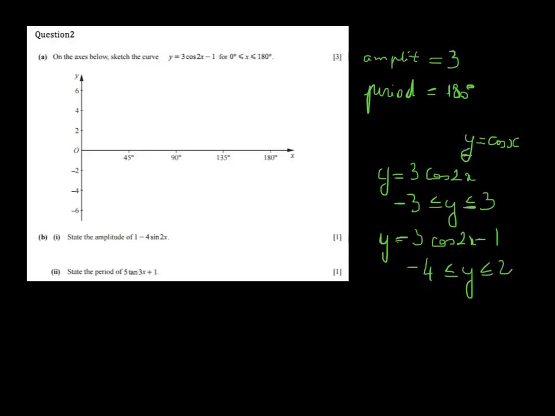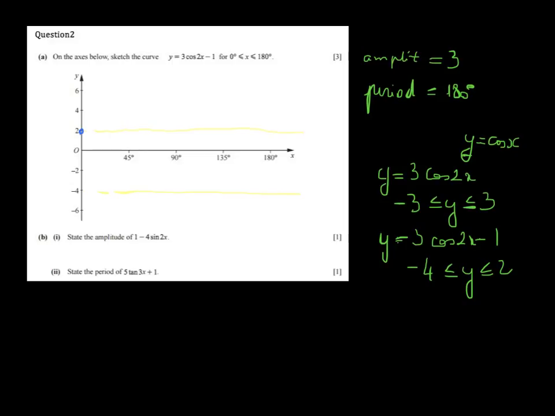So my graph is going to be between -4 and 2. Starting from when x equals 0, cos of 0 is 1. So I start from 2, with a period of 180 degrees.